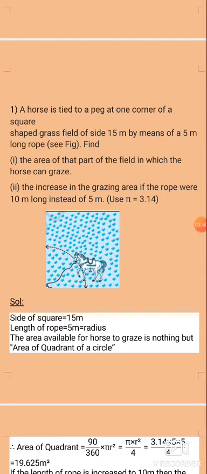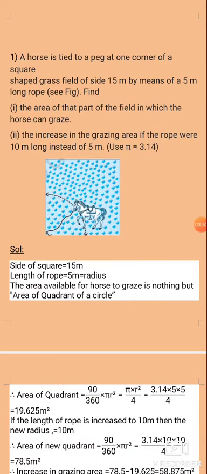Okay, the second quadrant, the same equation, 90 by 360 into pi r square, but in this case the radius is, instead of 5, 10. So it is 3.14 into 10 square by 4, which is equal to what? 78.5 meters square.